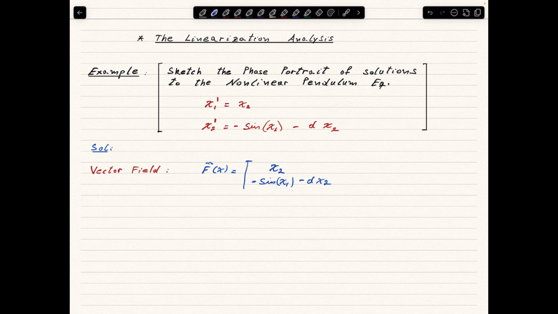So this is a vector, and recall we are using the convention for x that is, as always, x1 and x2, but because this is a first order reduction, x then has the angular position and the angular velocity as components. Okay, so now what we do is we compute the critical points.